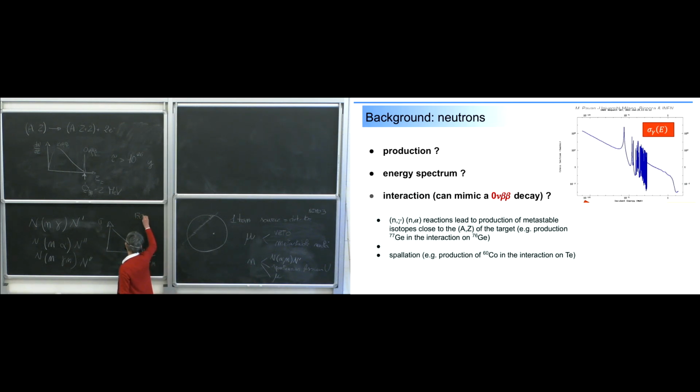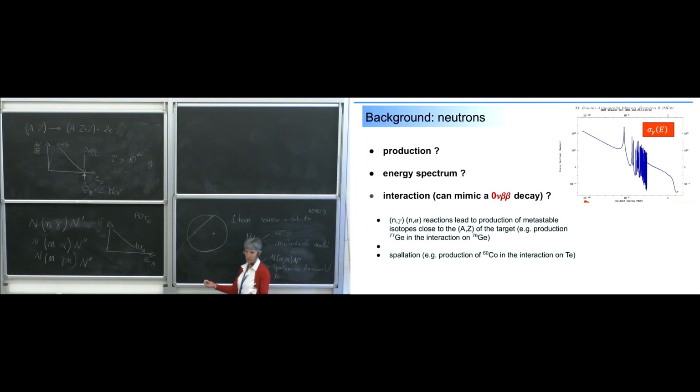So tellurium, the double beta decay candidate, is mass 130. So you basically split it in two parts. And we studied this interaction because cobalt can produce a gamma line which is quite close to the double beta decay peak of tellurium.